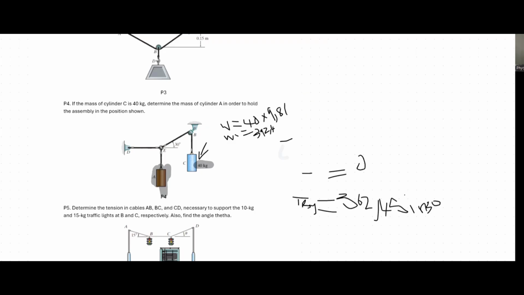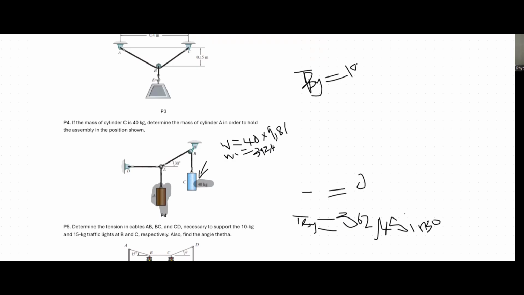So I'm going to say 2 by... is equal to 36.4.